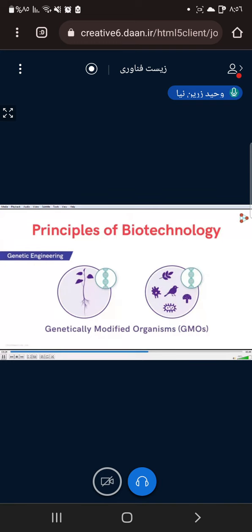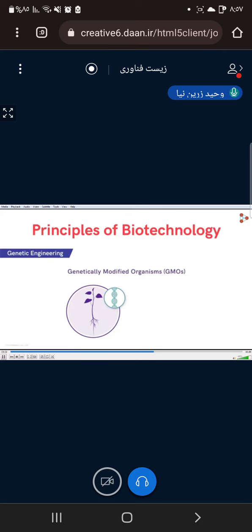What kind of applications does this serve? Modifications in organisms can give rise to beneficial products. Consider plants, for example. With the help of genetic engineering, we can produce robust crops, pest-resistant varieties, and also high-yielding varieties of many crops. This was, in short, about one way in which genetic engineering can be carried out.